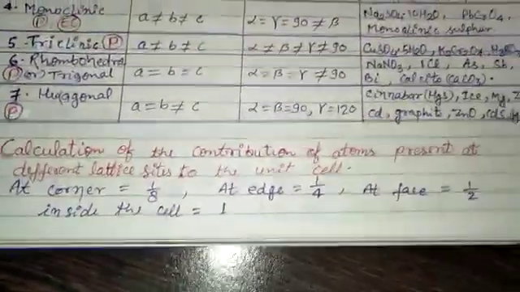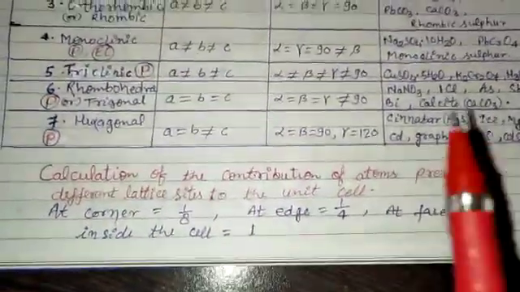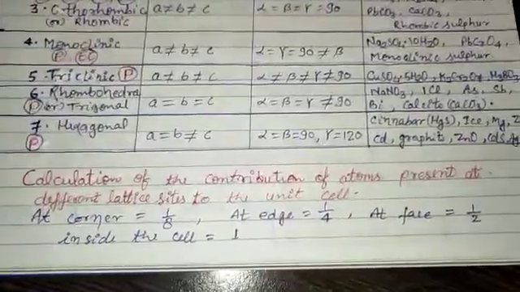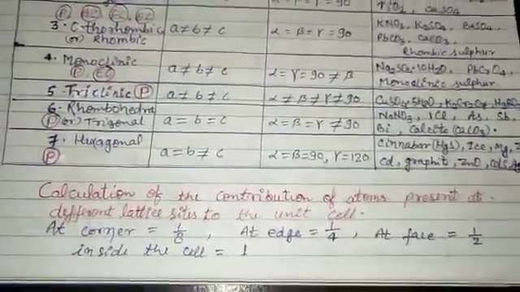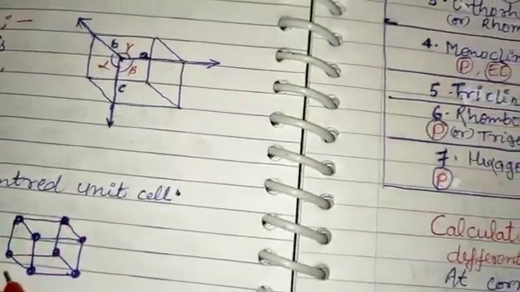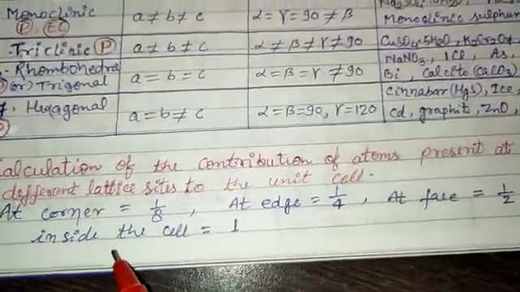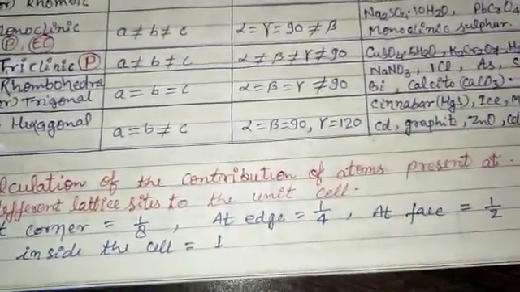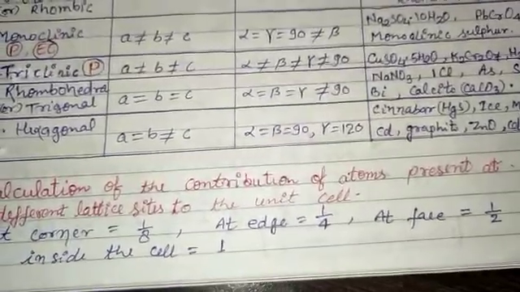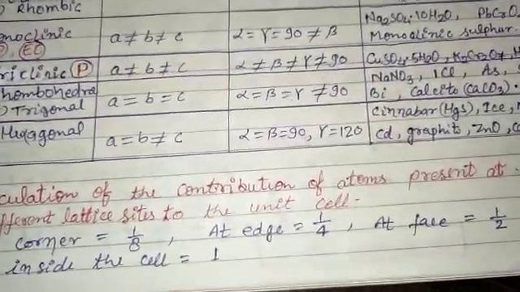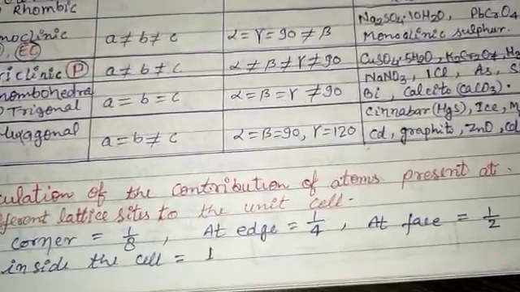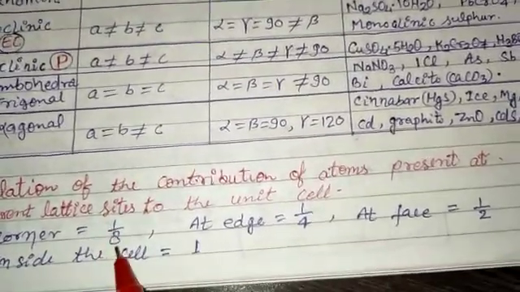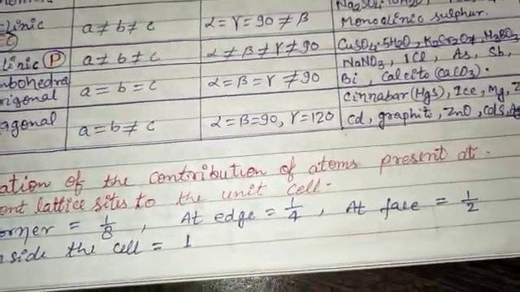In the cubic unit cell, dear students, the particle which is present at the corner, this atom, is divided among 8 neighboring unit cells, so each unit cell gets 1 by 8 part of the atom.